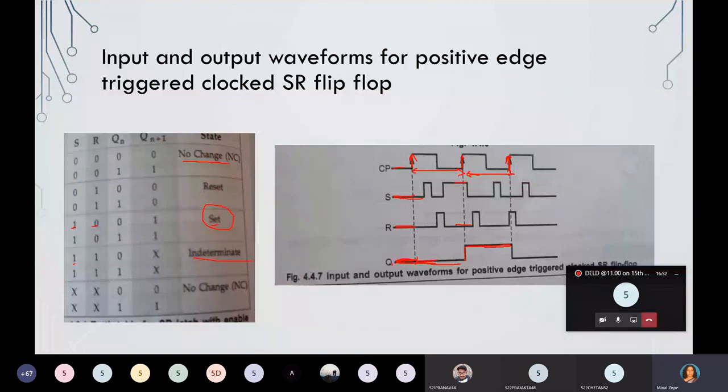S is 0 and R is 1. For 0 and 1, my flip-flop is going to reset. So again you can see the change. So here the flip-flop is going to reset. This is the SR flip-flop waveform that we can observe from the truth table.